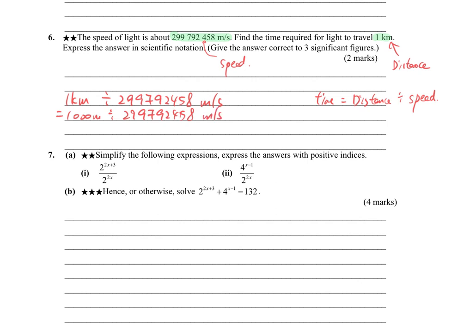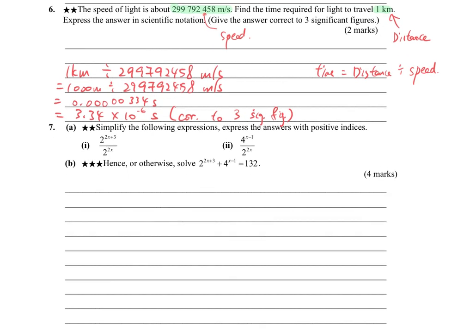By using calculator, it will be 0.00000334. So this is a second. A very short time. And then finally we change it to scientific notation. Remember, write down correct to 3 significant figures.